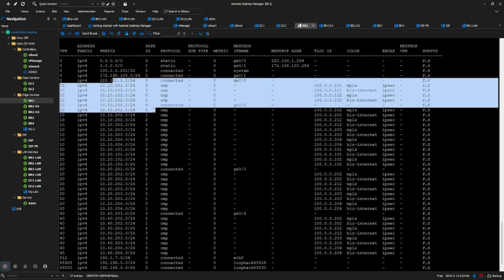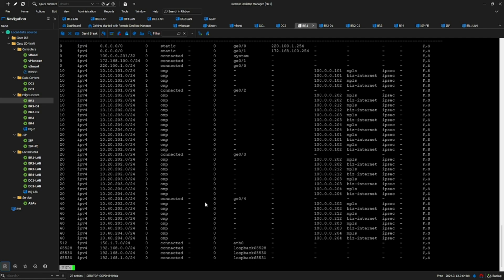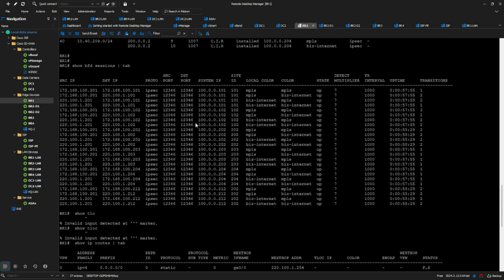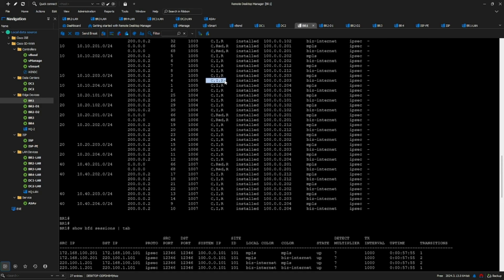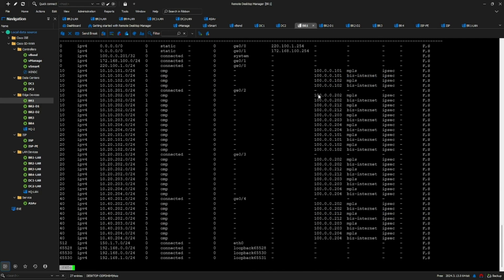You see that it is installing the routes which are learned from OMP, directly connected and static, and it is installing because it is able to resolve. If it is resolved on the OMP, then it will install in its routing table and you are able to see the next hop. It is not a public IP address, it is always the TLOC IP address. Underlyingly, TLOC will be resolved to the public IP address, so they are able to reach it.